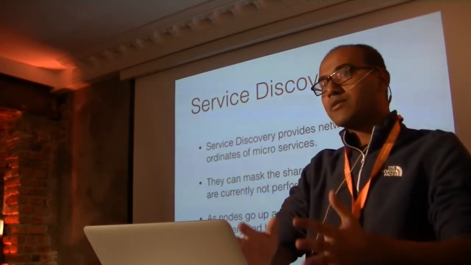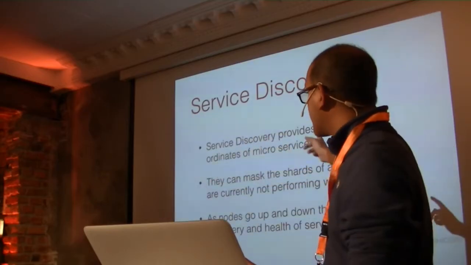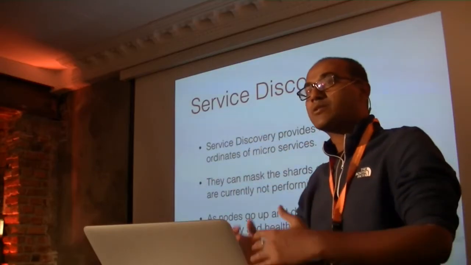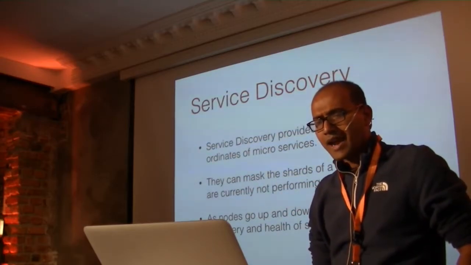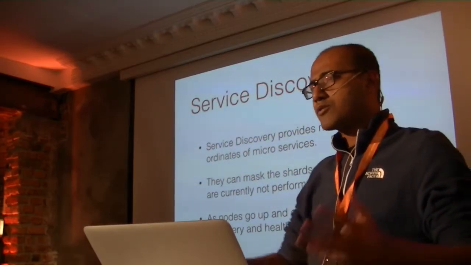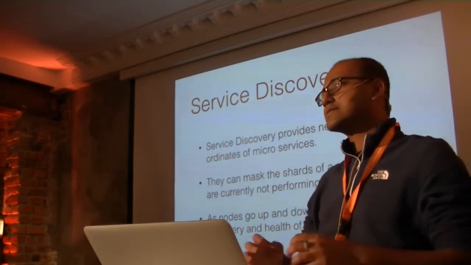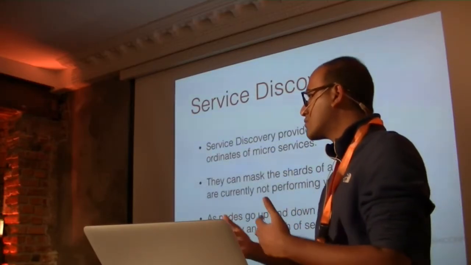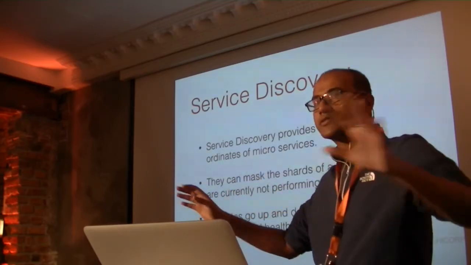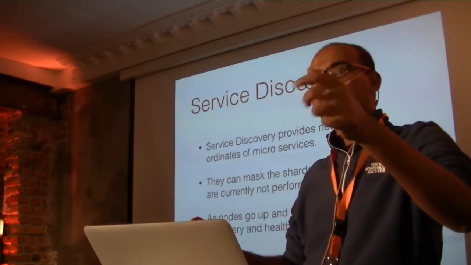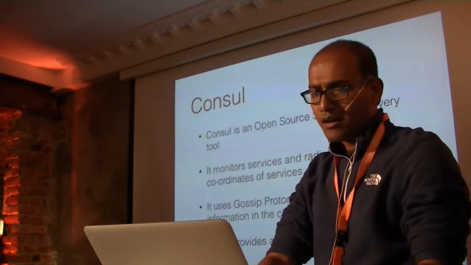At that moment, it's a dynamic service discovery which will save the day by not exposing the things which are not doing well. And as nodes go up and down, if you're auto-scaling, your service discovery system needs to handle that and expose the new nodes which come up and take the nodes which have gone down out of the list of servers for a particular service.